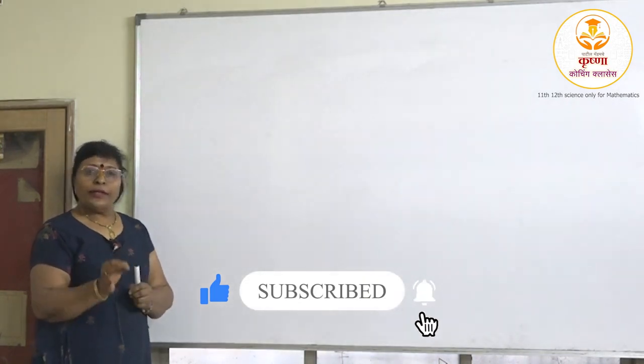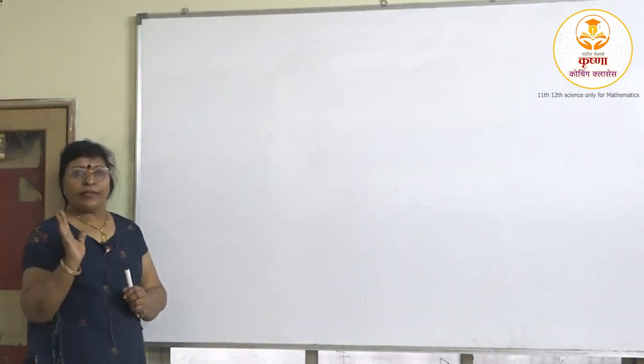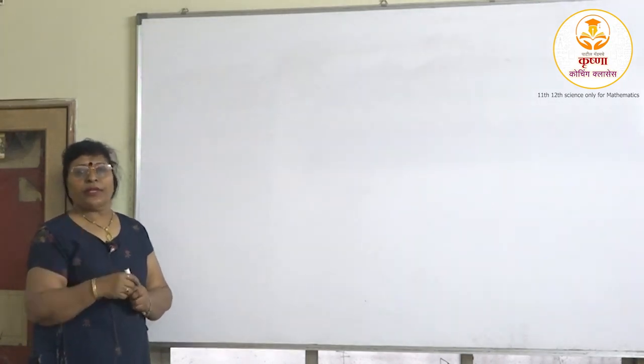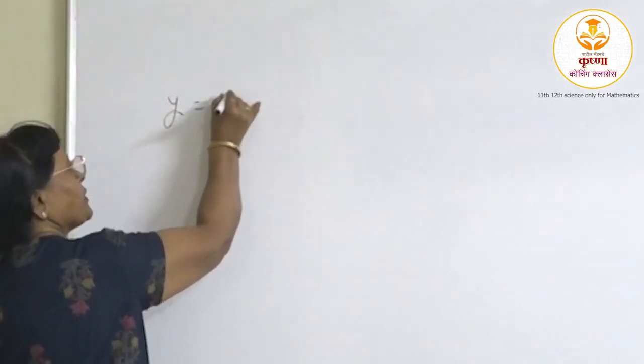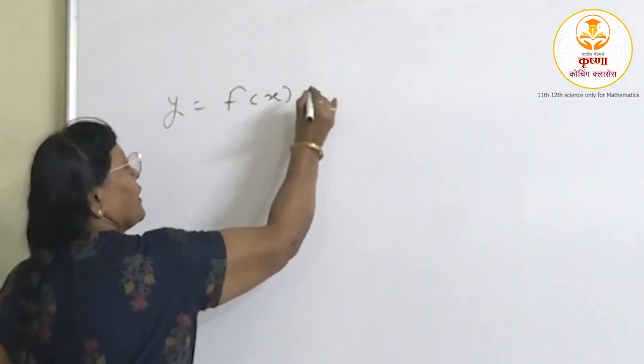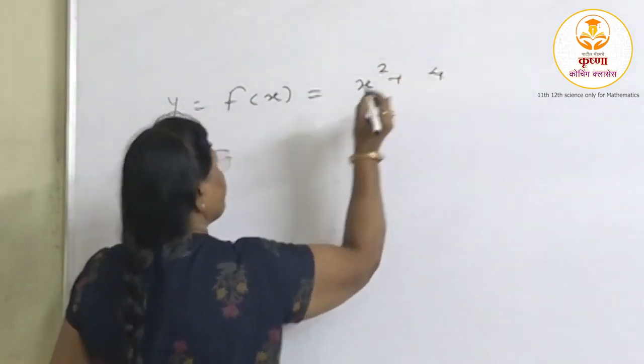So to understand the definition of a derivative, first I will take one counter example. Now see what is that counter example. Let us consider y is equal to f of x is the function of x, where take one simple example here, x square plus 4.